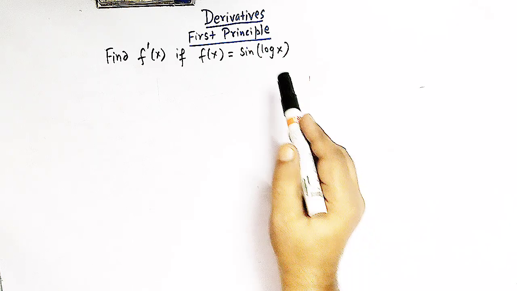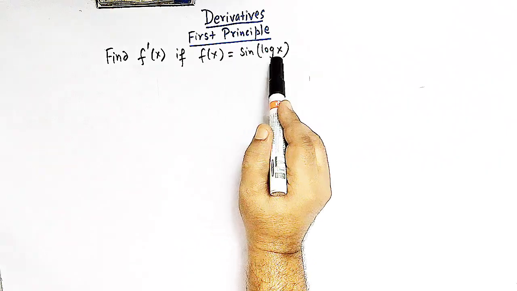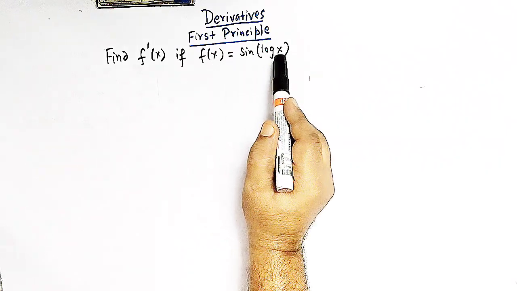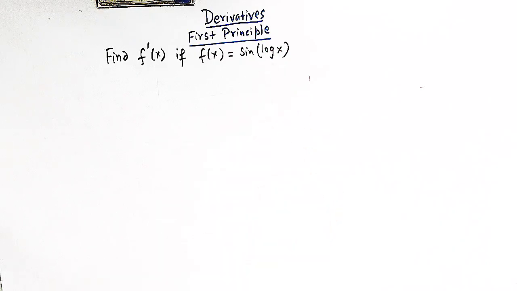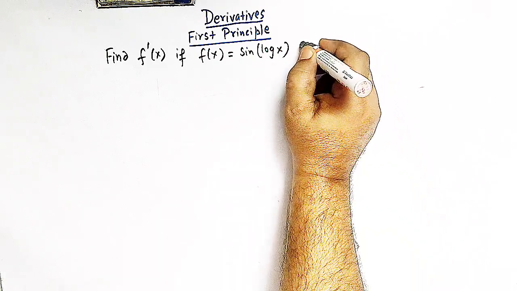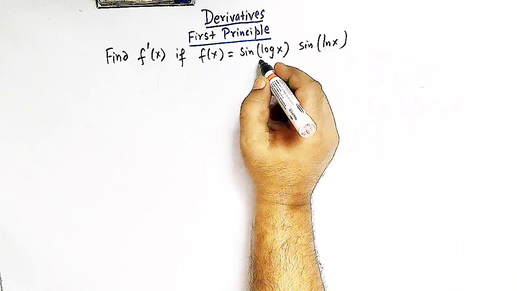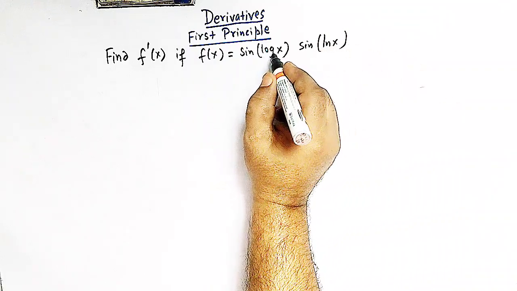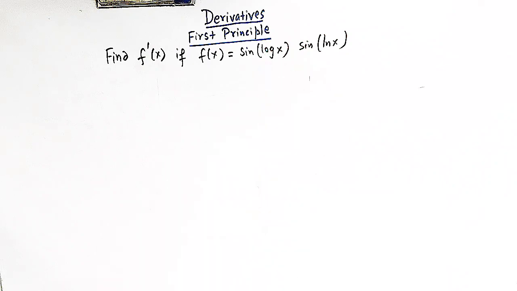So here we have the function f of x is equal to sine of log x, and here log of x is the natural log, right? So we can also use this notation, that is sine ln x, but here we'll prefer this notation, that is sine of log of x, right?